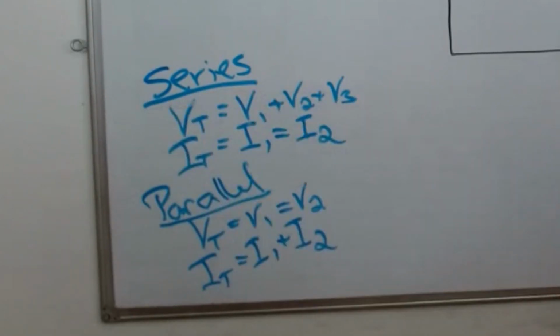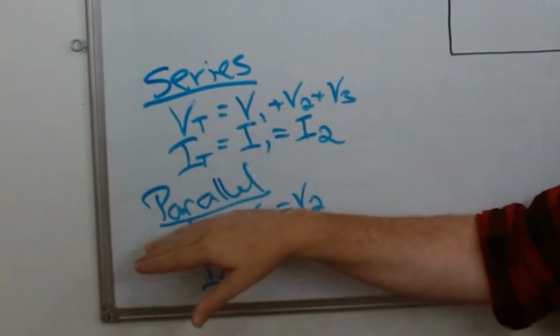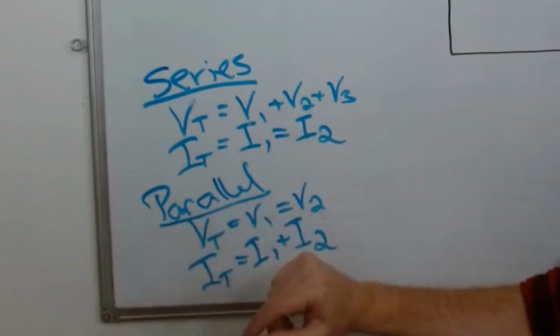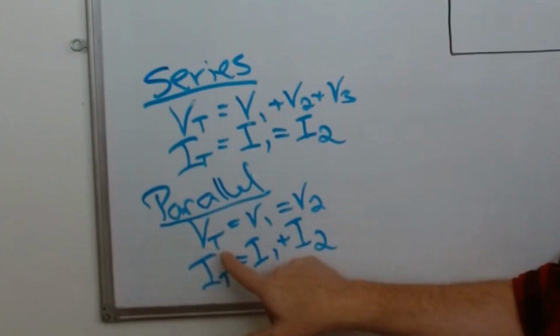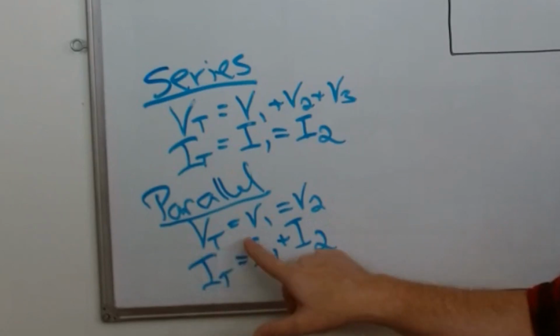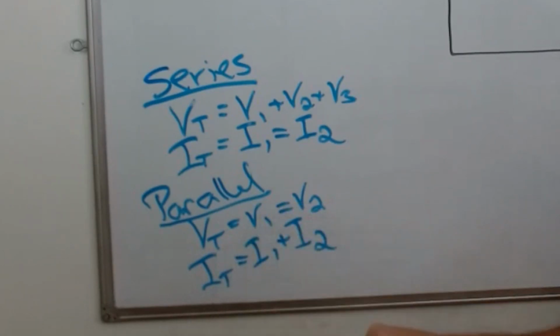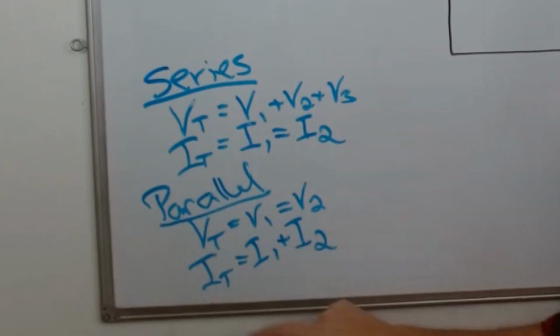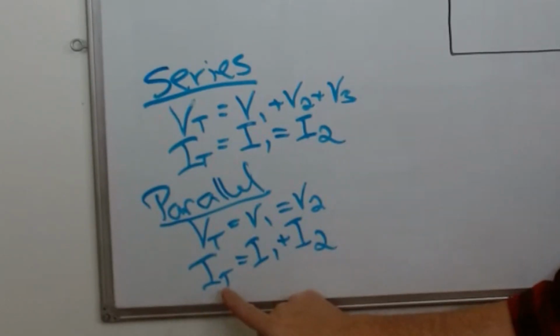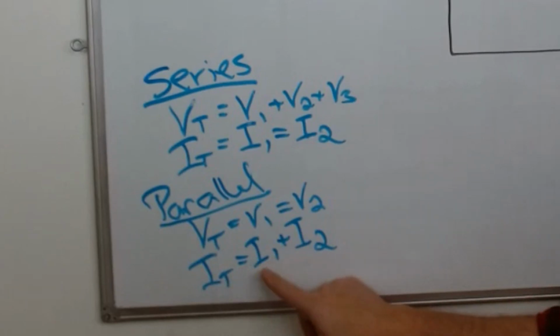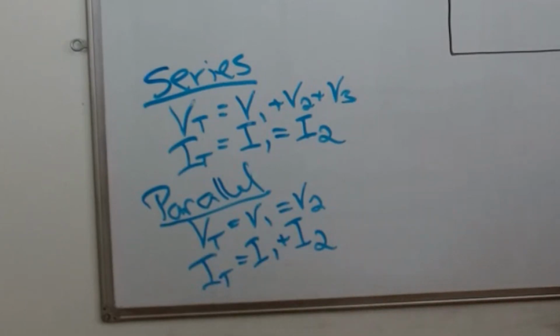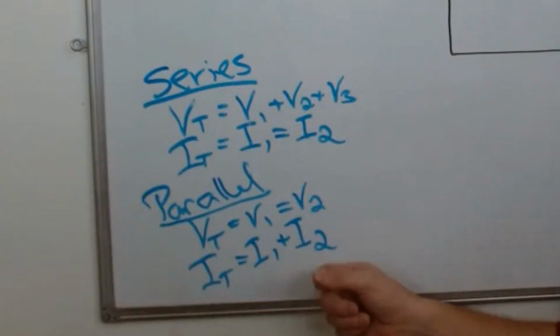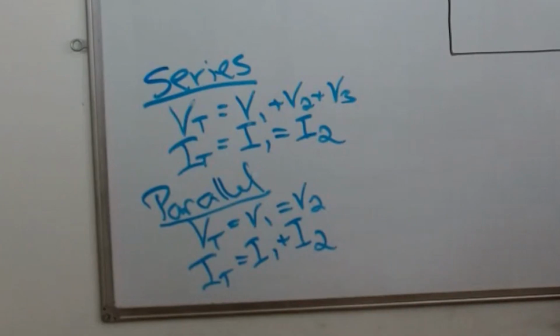When you have parallel circuits, the total voltage at the source is equal to the voltage on each of the branches, and the total current at the source is the sum of the current in each of the branches. So this will be used for this coming video.